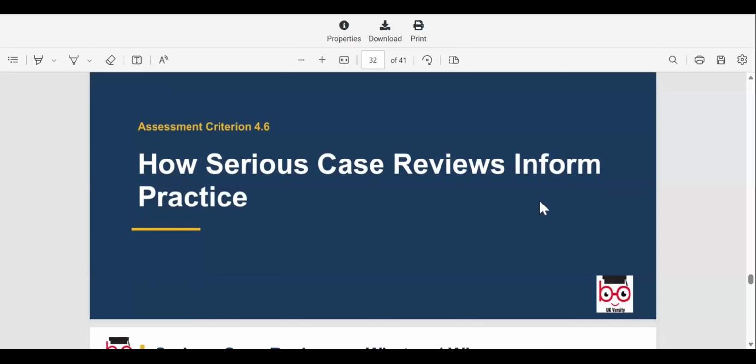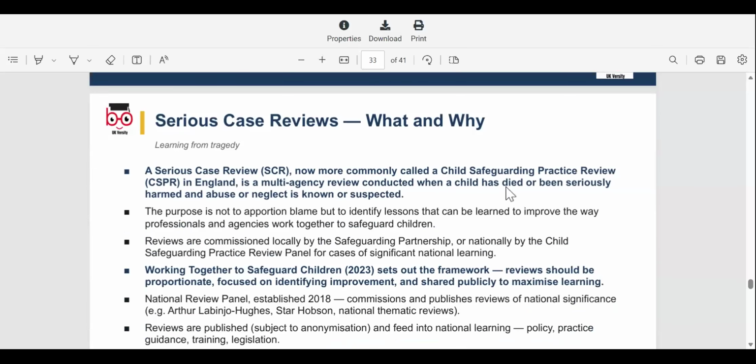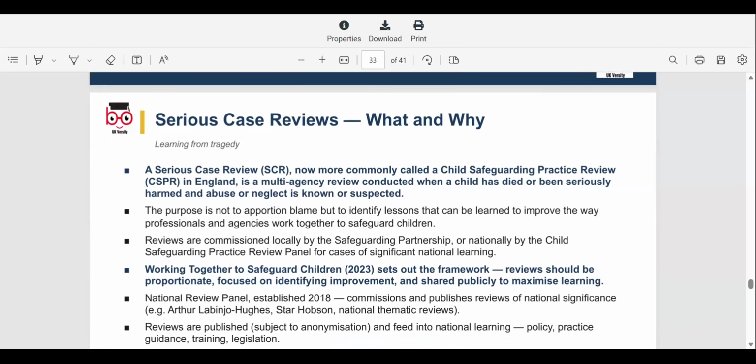How serious case reviews inform practice. Serious case reviews are formally termed safeguarding practice reviews, and it's a local multi-agency investigation, triggered when a child dies or suffers serious harm through known or suspected abuse or neglect. The fundamental purpose is to examine interagency communication, uncover systemic flaws, and apply critical lessons to protect vulnerable children.